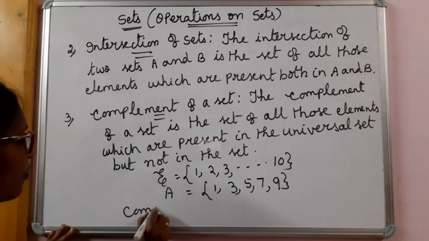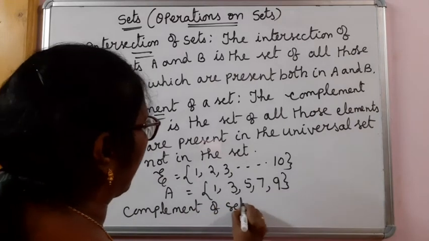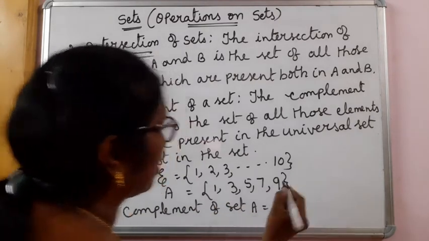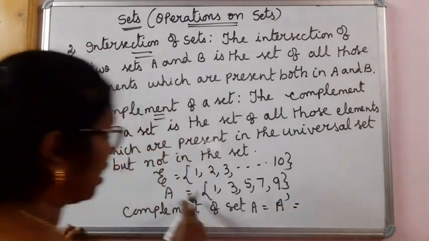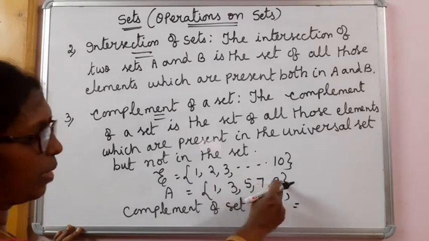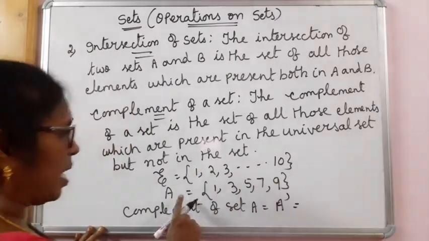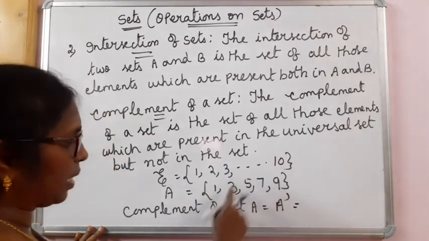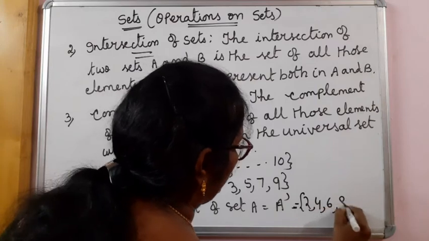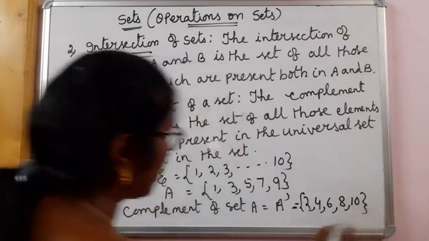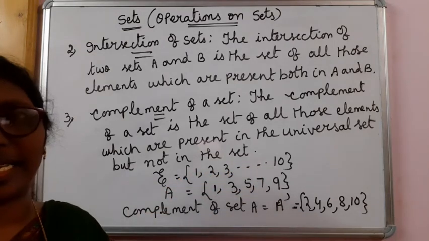Then the complement of set A, which we write as A dash, is the set of elements which are present in the universal set but not in A. Here the universal set has 1 to 10, and set A has all the odd numbers. So we get 2, 4, 6, 8, 10. These elements are not in A but they are in the universal set.